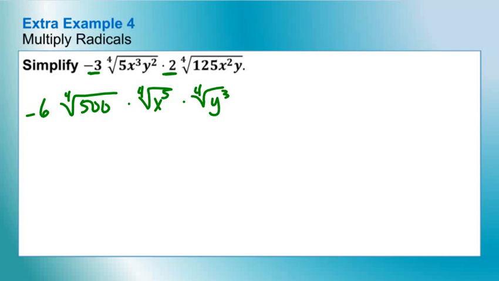Now simplify the fourth root. So let's see, 500. We can see if we can do the square root of 500. The square root of 500 is not a perfect square, so let's see, the fourth root of 2 is 16. If we do 500 divided by 16, it does not go in there.